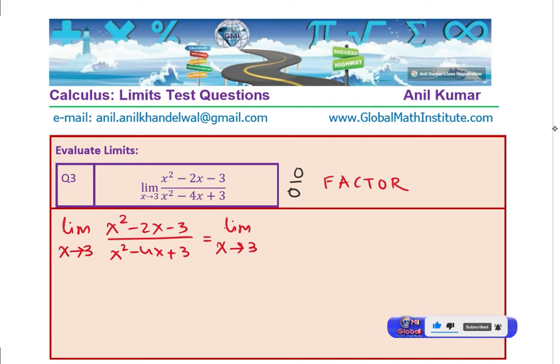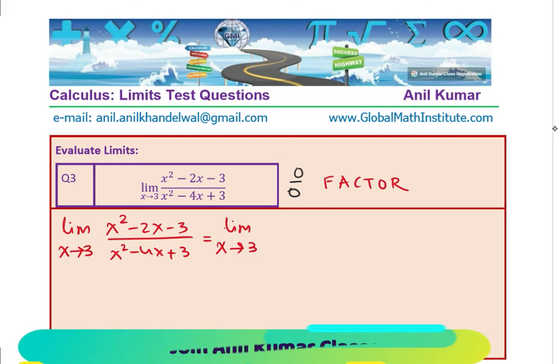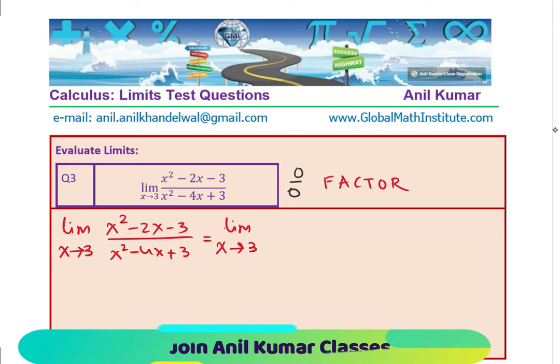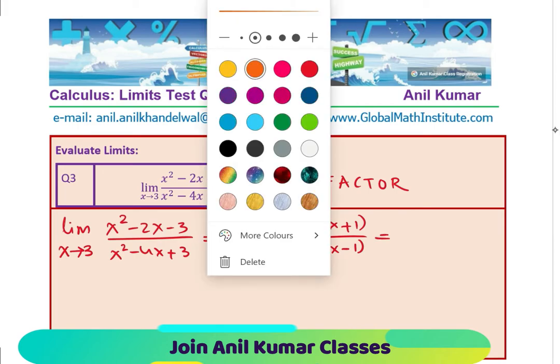So limit for x approaching 3, the numerator is minus 3 and minus 2. That means minus 3 times 1. So x minus 3 times x plus 1 will give us the numerator, and the denominator will be x minus 3 times x minus 1. Perfect. Right? You agree with me?